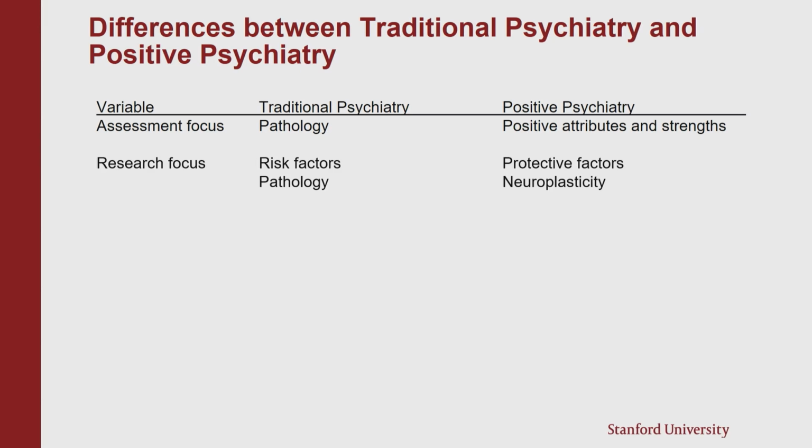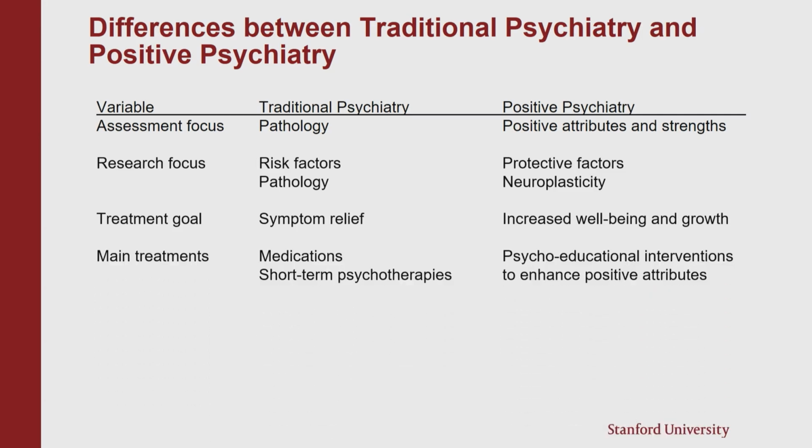Research focuses more on risk factors and pathology in traditional practice. But if we practice positive psychiatry, it would be more about neuroplasticity and protective factors. In terms of treatment, traditionally, we would think about how to relieve the symptom, but positive psychiatry would say maybe we can increase well-being and growth.